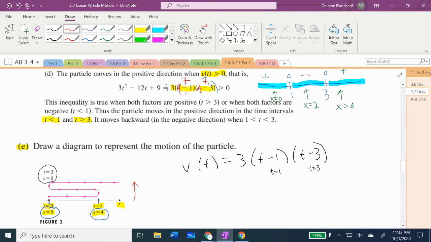So you're just going to draw like, hey, I'm moving to the right. And then when you switch direction, in order for us to see that, you have to allow time to stretch it out. And then I'm moving to the left, I'm moving to the left, and then let time stretch it out. So you can see these separate movements. That's what they mean when they say draw a diagram.